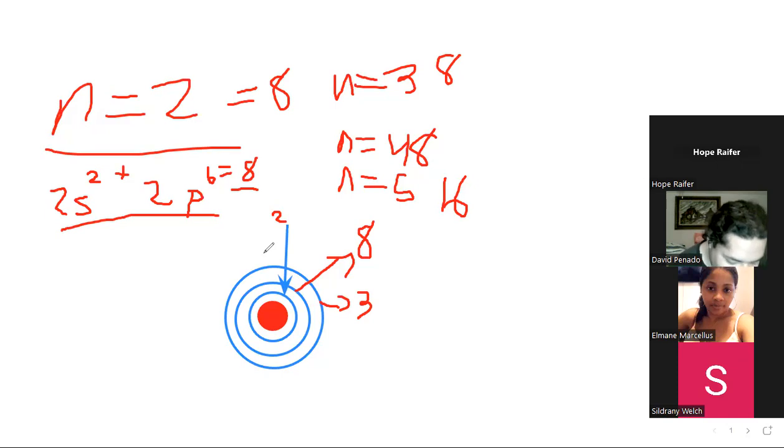No. Because then I'm looking at the table and I'm pretty sure, wait, maybe it is oxygen because I see 2,6.